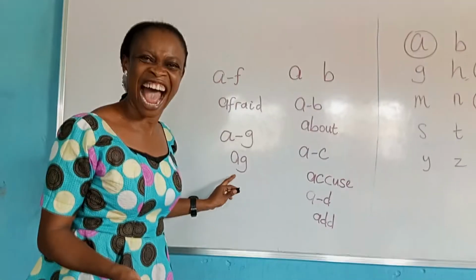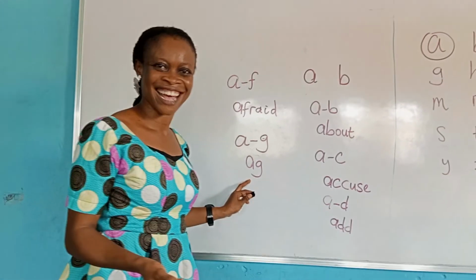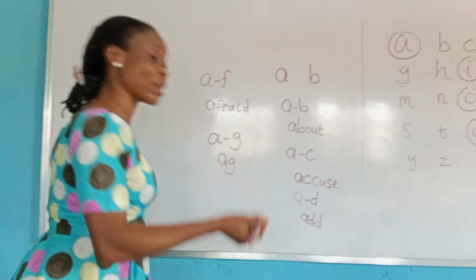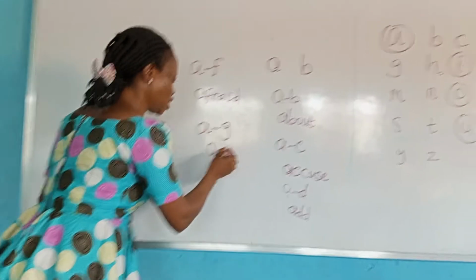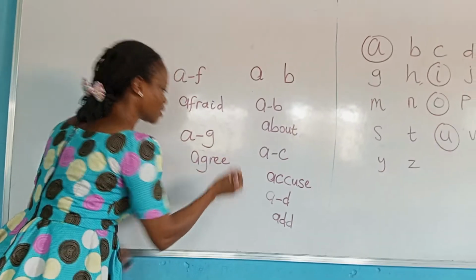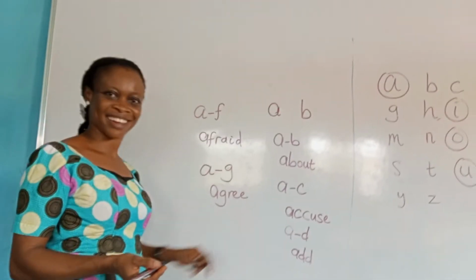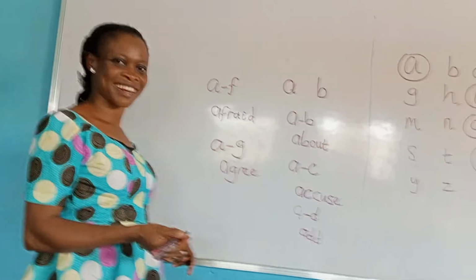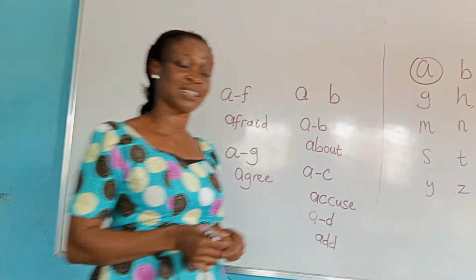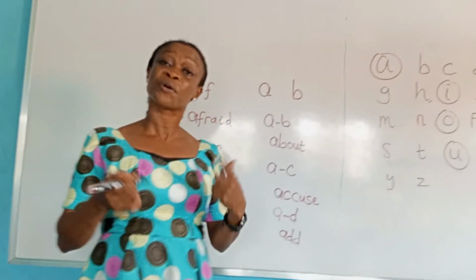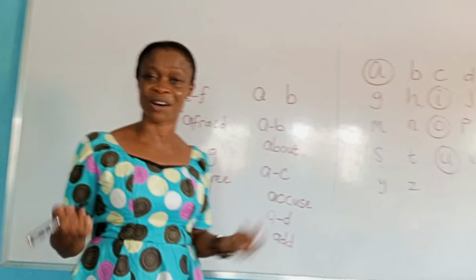What did I say? Ag. Then we can join more letters in order to have a meaningful word, such as agree. Again. Agree. Good. Have you seen it? It works like magic. Combination of letter sounds.